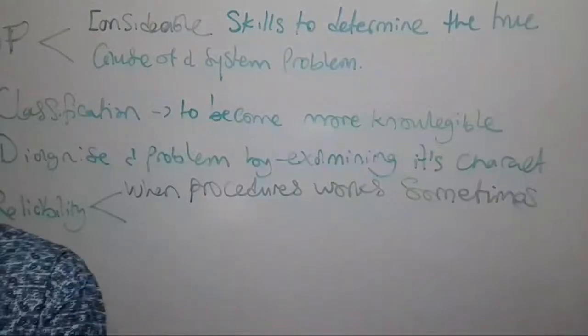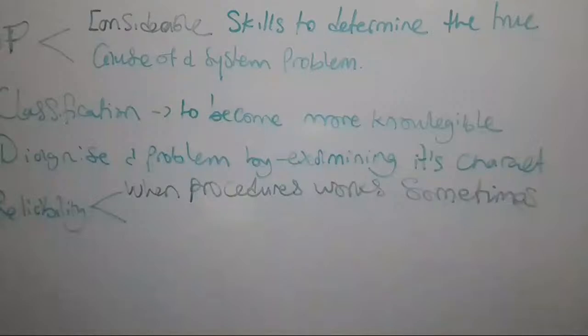Now, when the system is not consistent, then we can say that the problem is the problem of reliability. Or when use of the same procedure leads to different results.